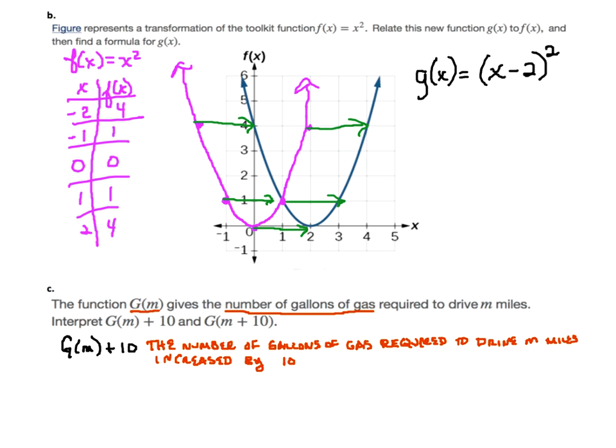Now, on the contrary, if we look at g of m plus 10, notice the plus 10 is on the input variable.